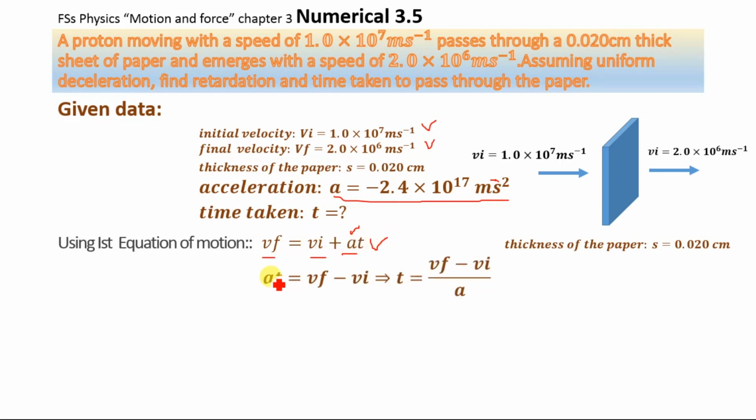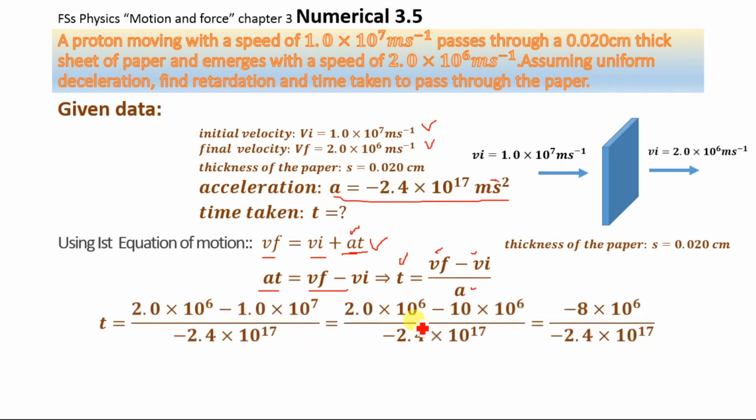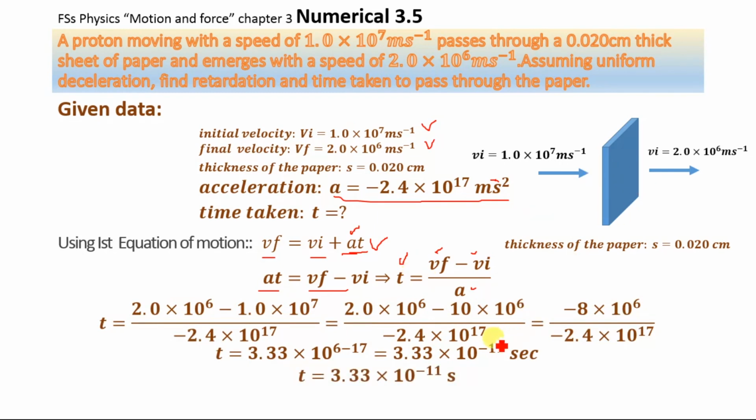Solving this equation for time, we will have at equal to Vf minus Vi, and dividing both sides by a, we will have time t equal to Vf minus Vi divided by a. Now substituting the values and solving, we will get the time taken by the proton to pass through this thick sheet equal to 3.33 multiplied by 10 power minus 11 seconds. These are the steps involved in solving this equation.